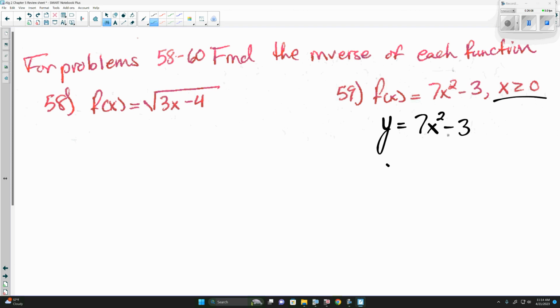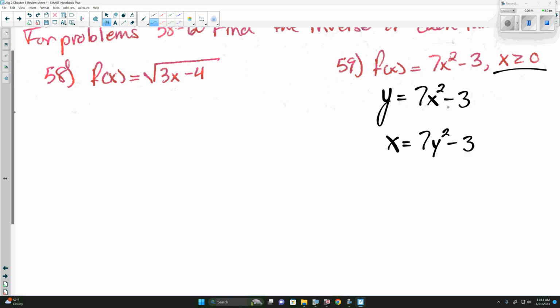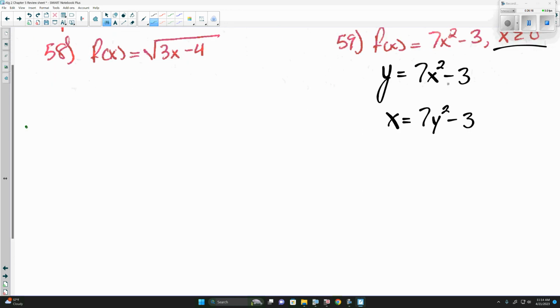And our next step is to switch x and y. So we get x is equal to 7y squared minus 3. Now we solve for y by adding 3 first, telling us that 7y squared is equal to x plus 3.